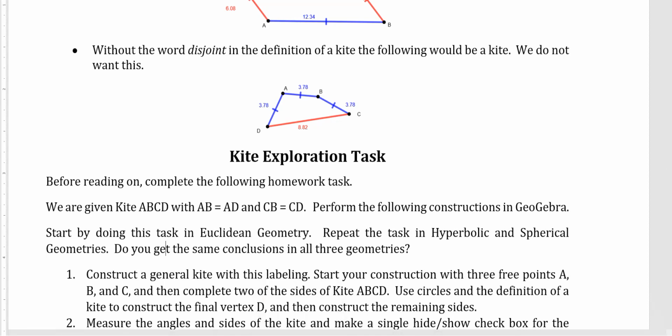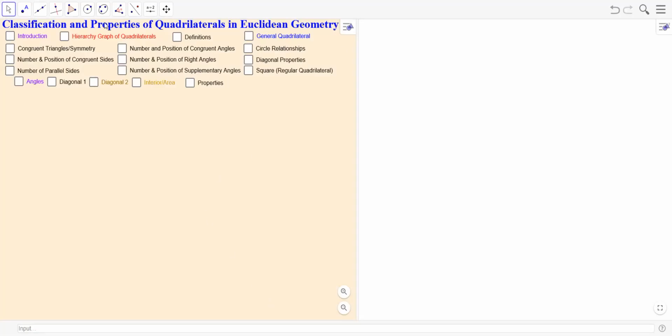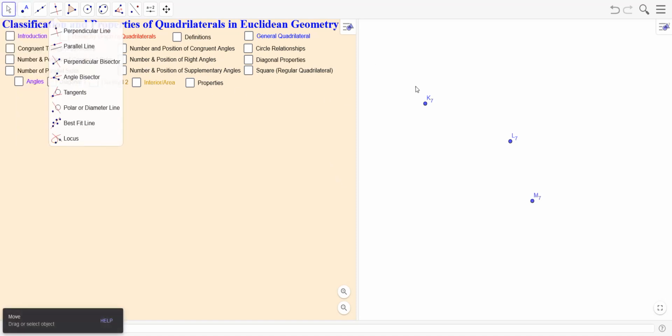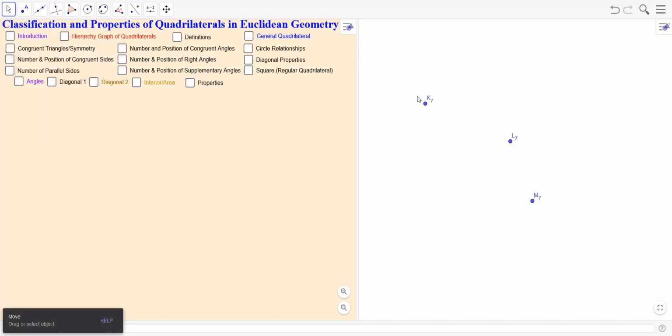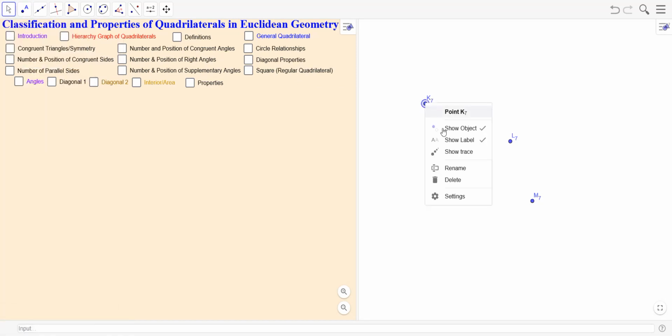Okay, so hopefully what you did is something like this. You start with three free points, A, B, and C. I have different labels here, but I can change the label without changing the name of it.